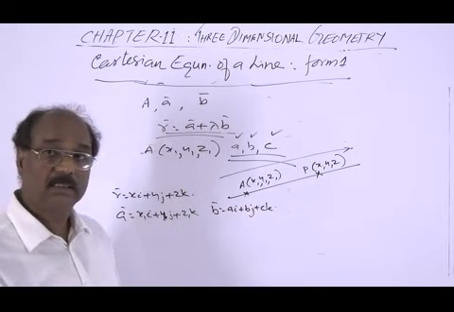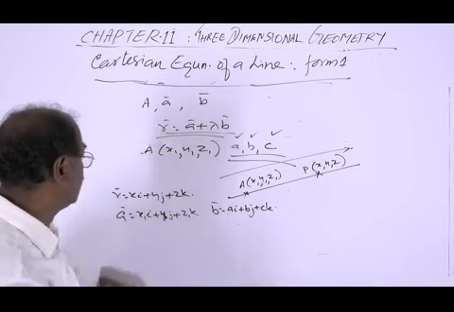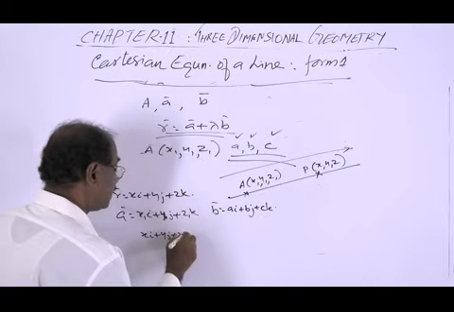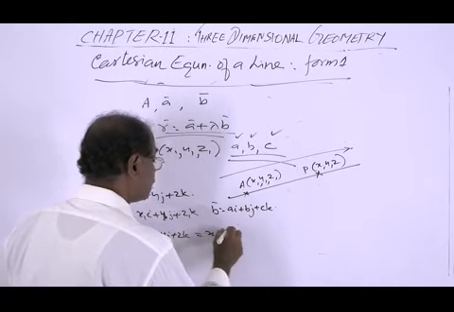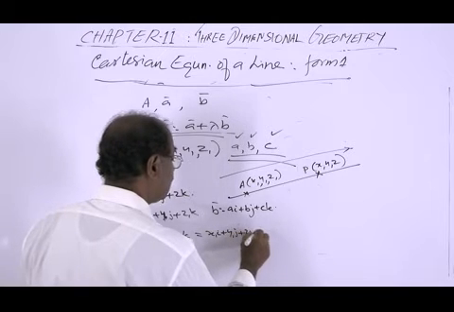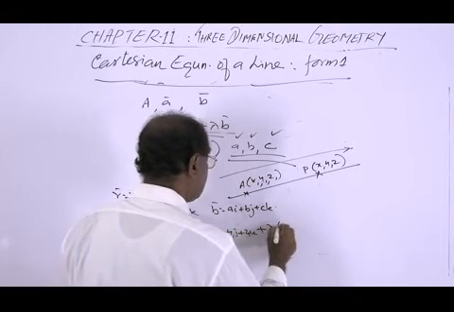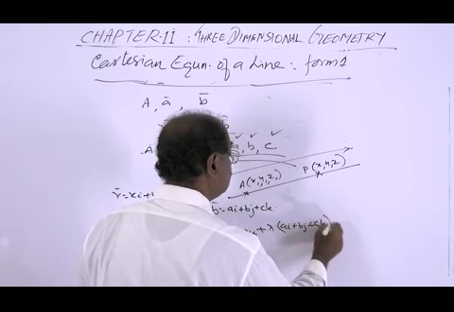Putting all these three values in the equation, we see that xi plus yj plus zk, which is r, equals x1i plus y1j plus z1k plus lambda into ai plus bj plus ck.